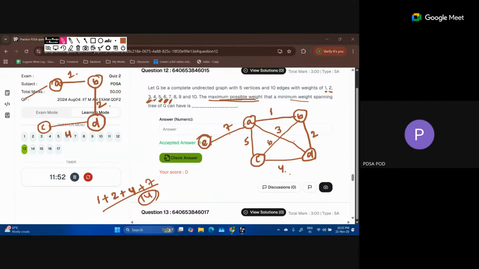So that's why I will be taking the edge with weight 7 and connecting it to E. Okay, you already got your minimum spanning tree, so now I have to stop. So this is the maximum weight of the spanning tree possible. Got it?